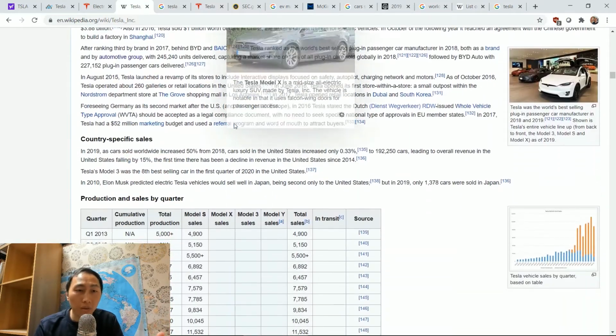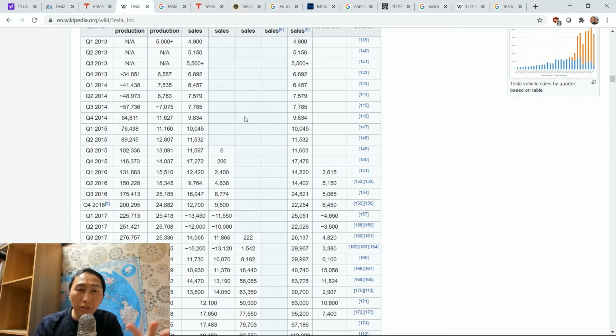This is incredibly useful information, but out of all of it, I actually find this the most incredible, because if a car company sells cars, right, then what would be the best indicator of their success? It would be the number of cars that they sell.